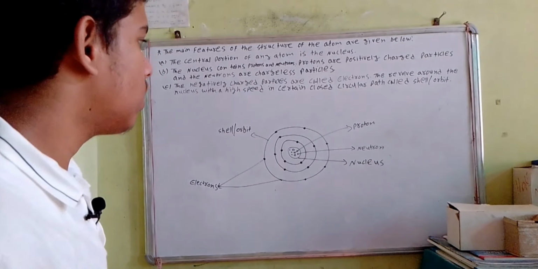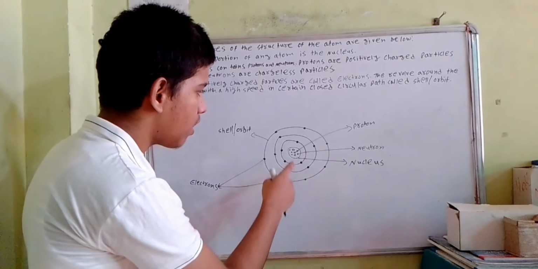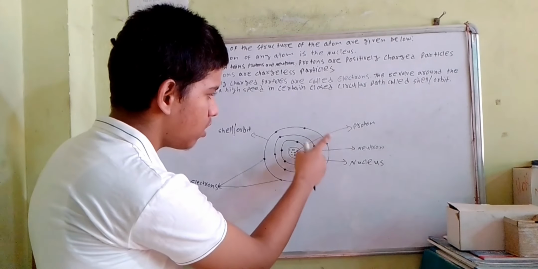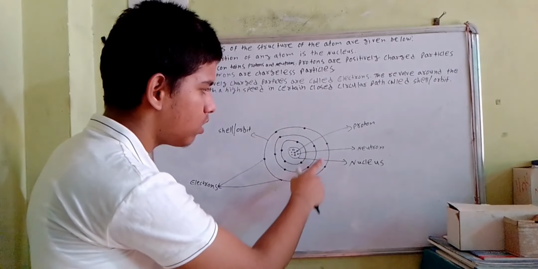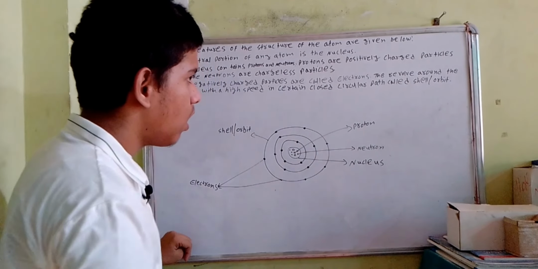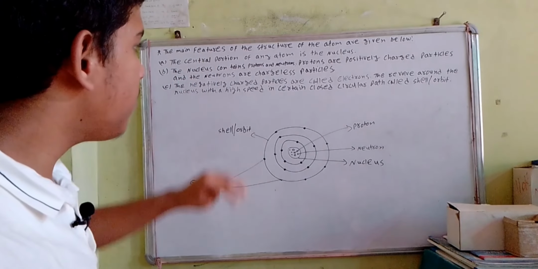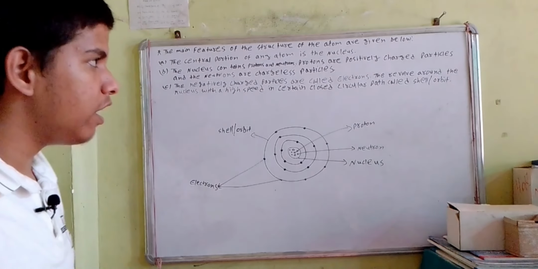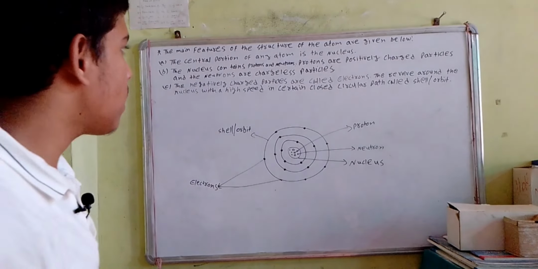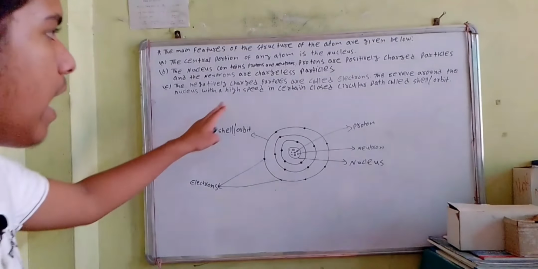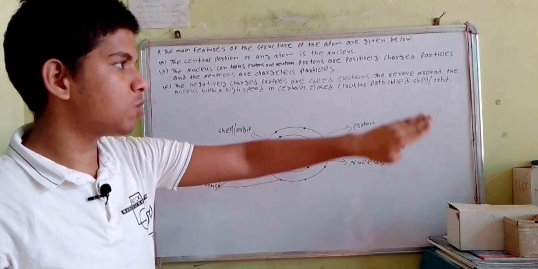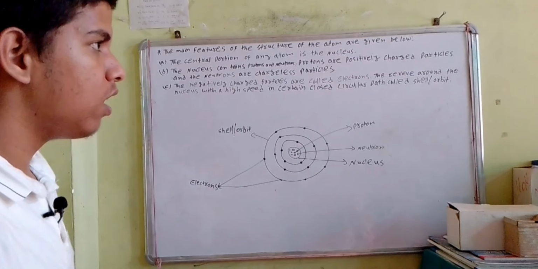You can see they revolve around the nucleus. The negatively charged particles are called electrons. They revolve around the nucleus with a high speed in a certain closed path called a shell or orbit.